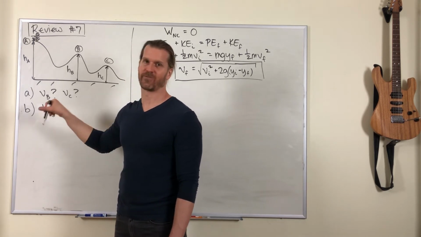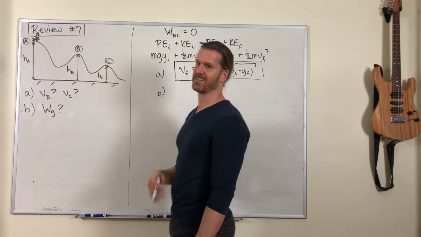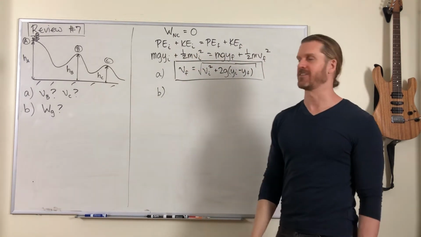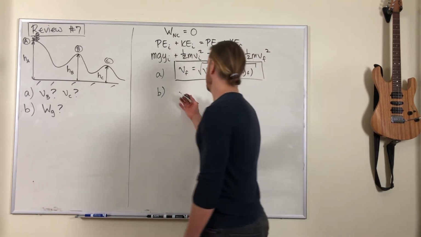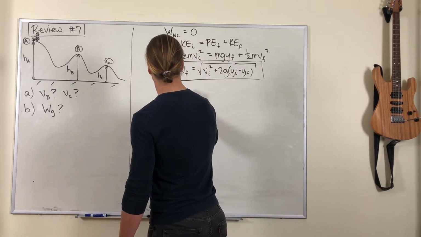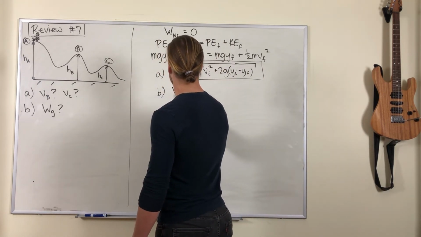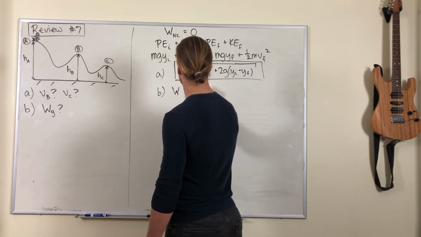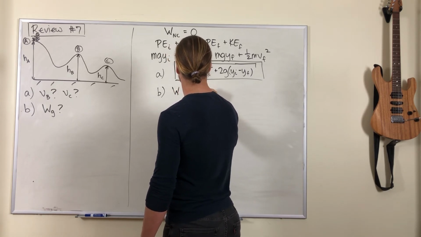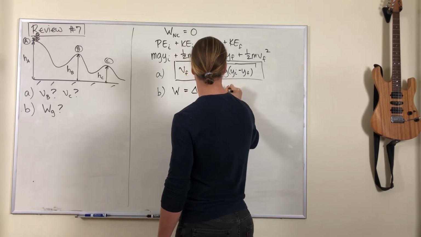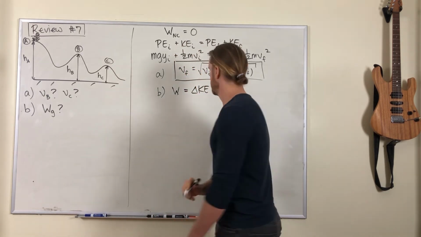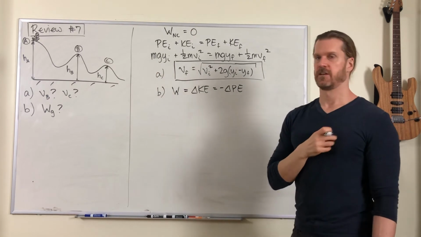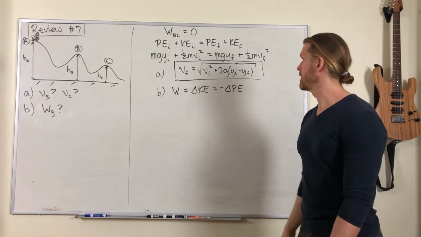The W here is referring to the work done by gravity, not to the gravitational force itself. So this work done by gravity equals the change in kinetic energy or minus the change in potential energy. That's the Work-Energy Theorem.